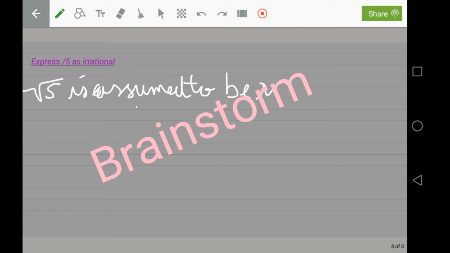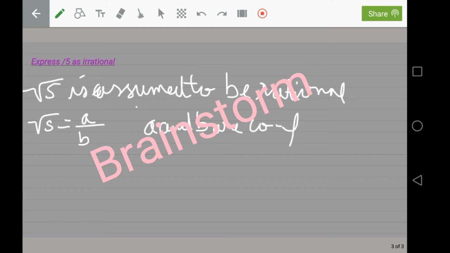Once we assume it to be rational, we can write root 5 is equal to a upon b, where a and b are co-primes. That means they only have 1 as a factor. Since this is a very important fact that you have to use again, keep an eye on this.